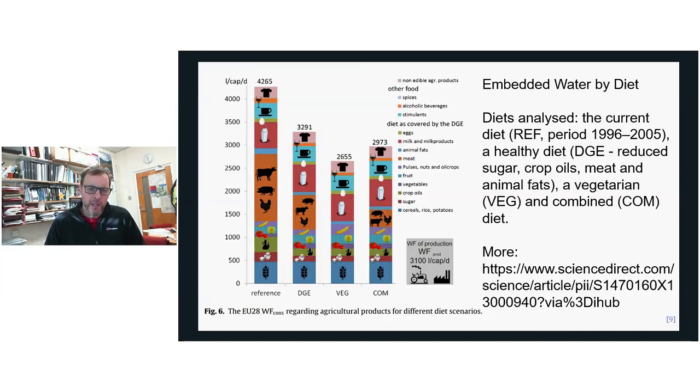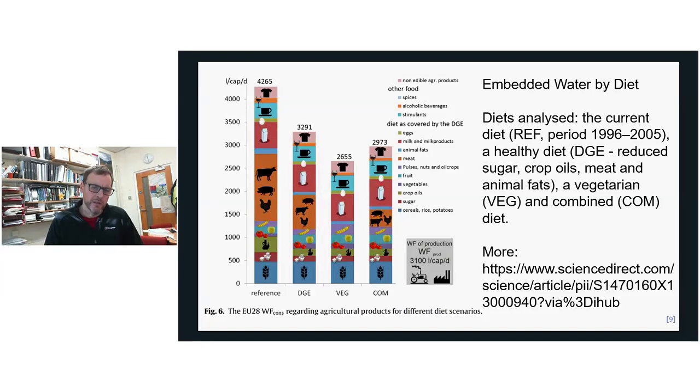And this tallies in with research which was published in 2018 by, I think, the Intergovernmental Panel on Climate Change, which said that the more meat we have in our diet, the more energy is invested in that diet.